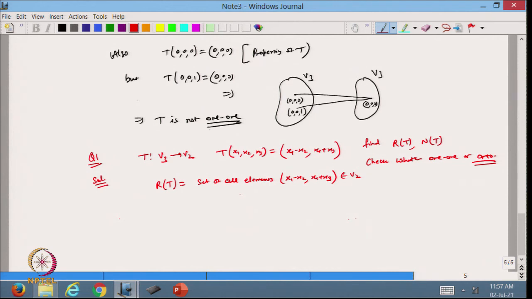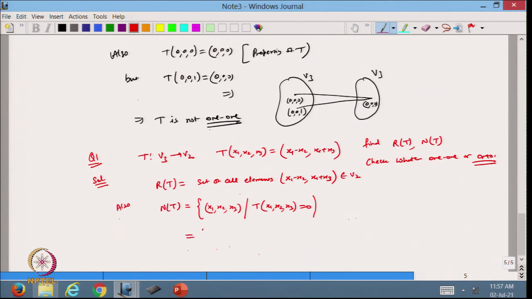Also, the kernel of T will give you the set of elements (x1, x2, x3) such that T of (x1, x2, x3) is 0.